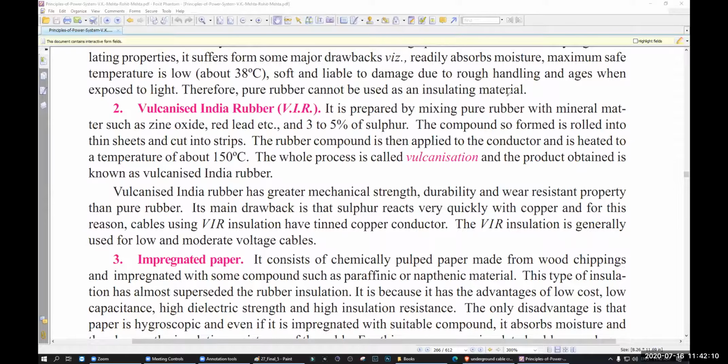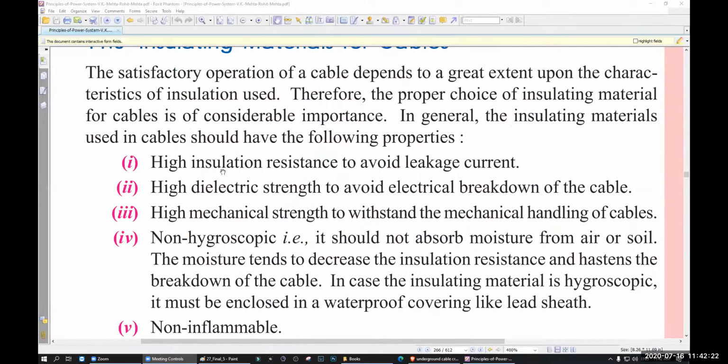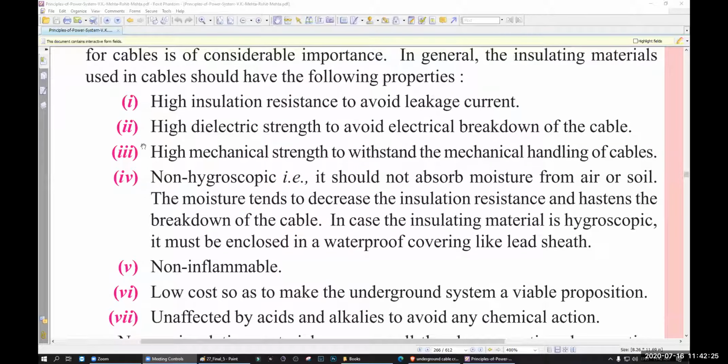Now, what are the materials that are used for insulation? Insulating materials of the cable should obviously have the following properties: high insulation resistance to avoid leakage current, high dielectric strength to avoid electrical breakdown of the cable, high mechanical strength to withstand the mechanical handling of the cable, and non-hygroscopic, it should not absorb moisture from air or soil.